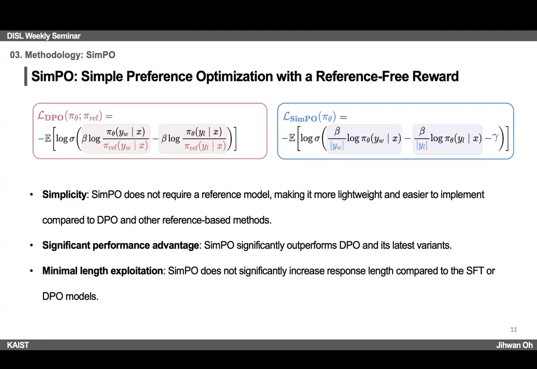SimPO outperforms DPO and its recent variants in various benchmarks. And finally, minimal length exploitation. SimPO does not significantly increase response length, which helps prevent verbosity and maintains the quality of generated text. So to sum up, these properties make SimPO a better alternative to existing preference optimization methods.